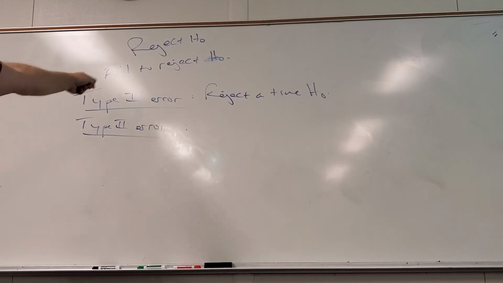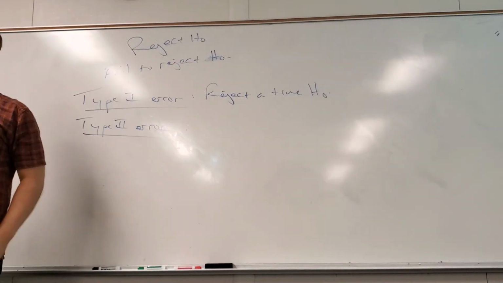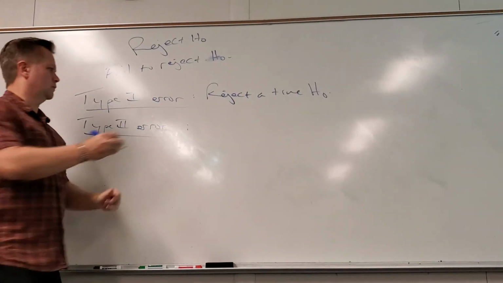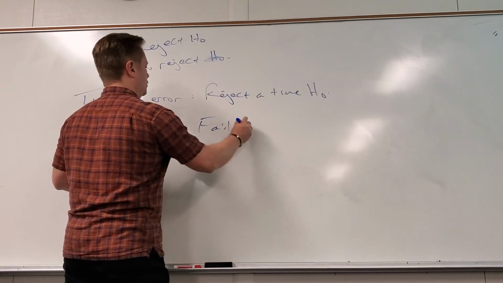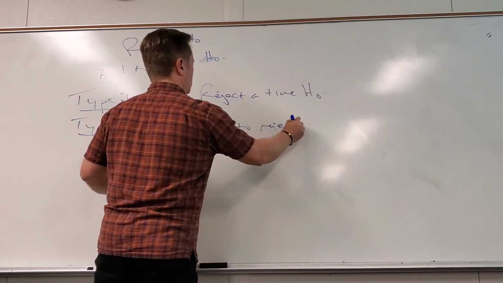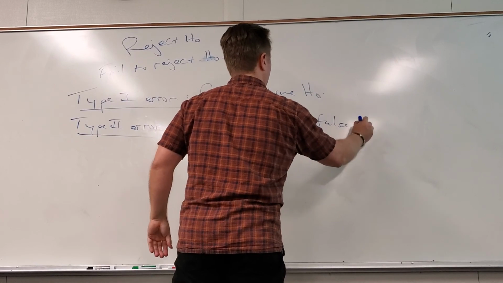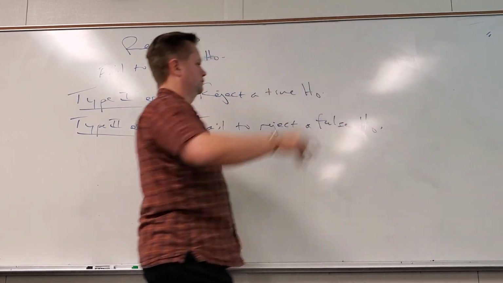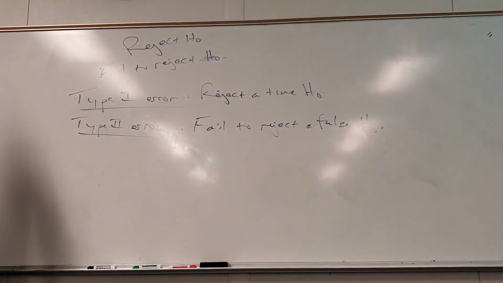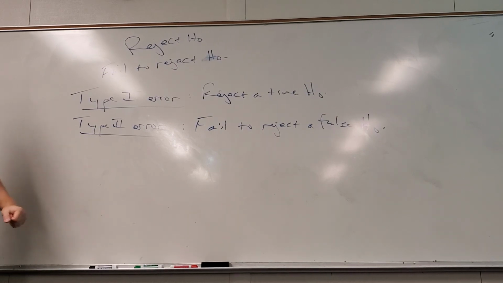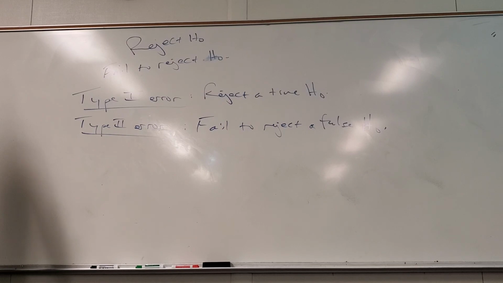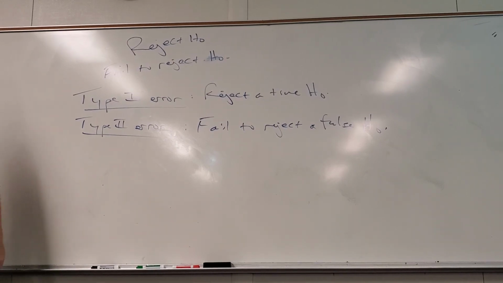So if I fail to reject a false null, that's a type 2 error. Fail to reject a false null. And type 1: reject a true null.